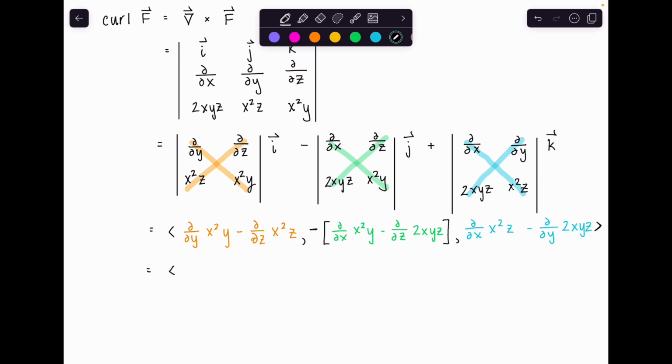So the partial with respect to y is x squared. Partial with respect to z is x squared. And the middle component, partial with respect to x would be 2xy. And then the partial with respect to z, well, that's a 1, so you get 2xy.